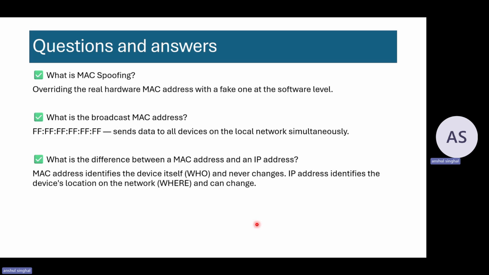It differs from the IP address, wherein the IP address belongs to a device on a network, and this IP address can be static or dynamic, right? So that's how we can differentiate between a MAC address and an IP address.